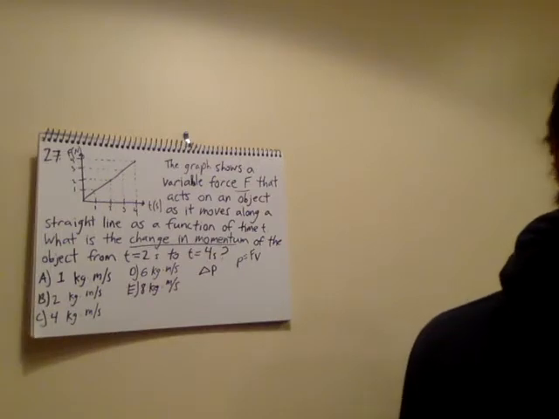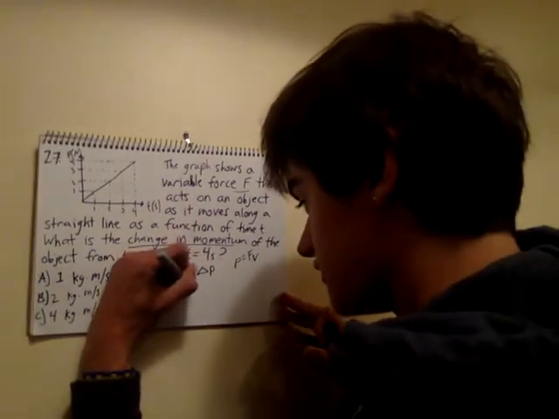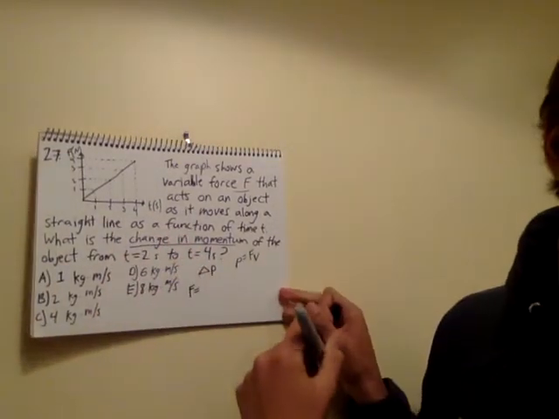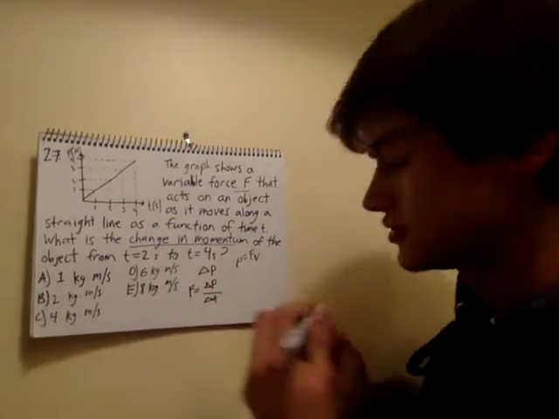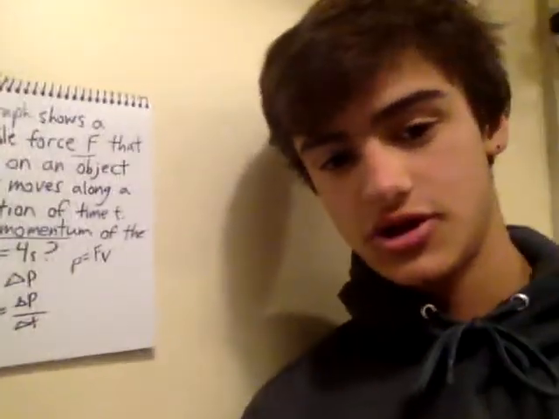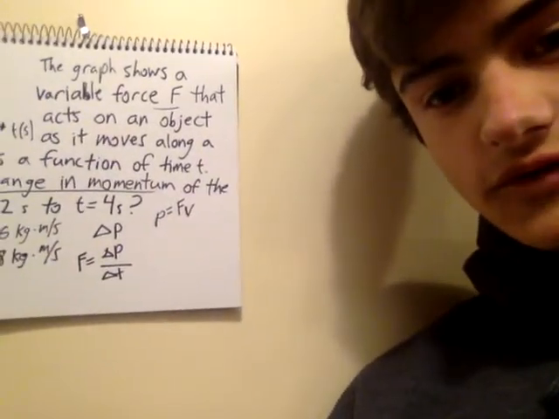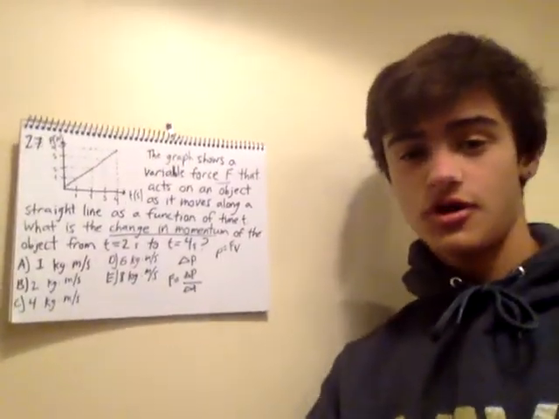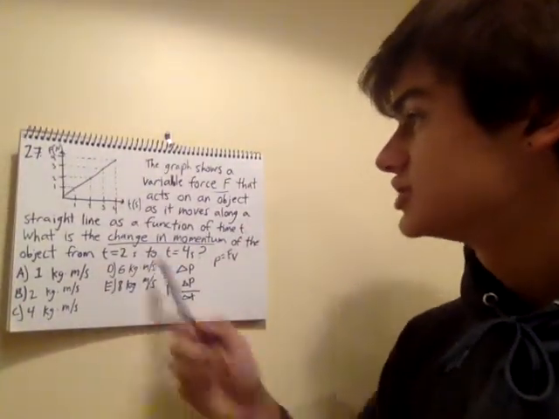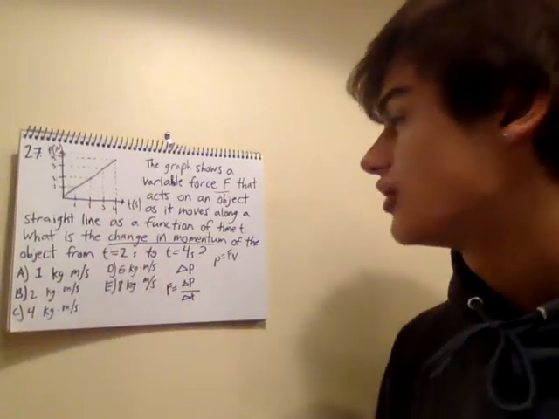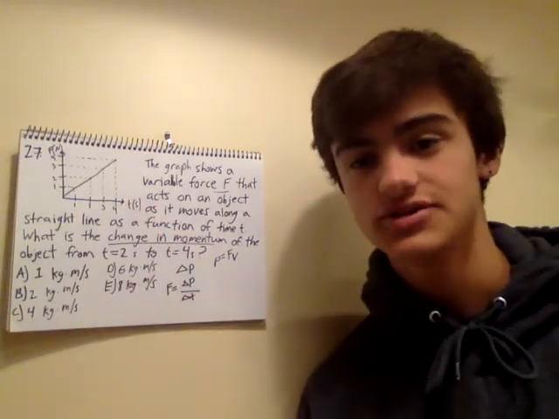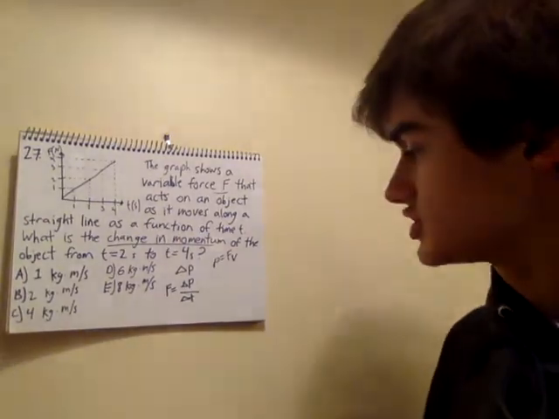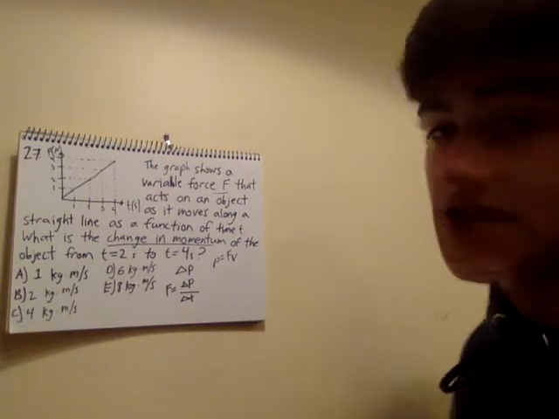And we've got one for force, which is equal to delta P over delta T. That one is going to be more useful in this case because it relates all three things: the two things we're given, force and time, as well as what we're trying to find, which is delta P. So let's isolate delta P because that is what we're trying to solve for.